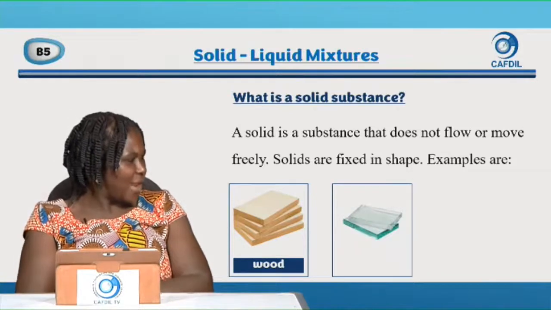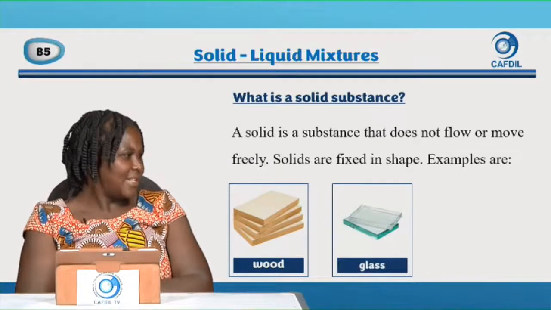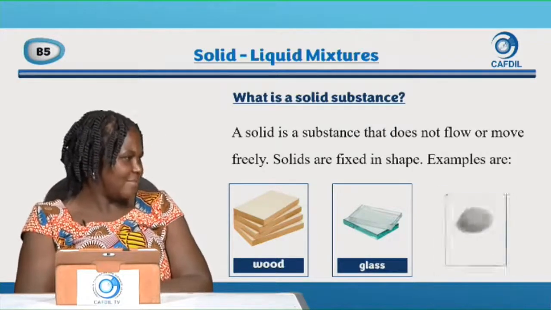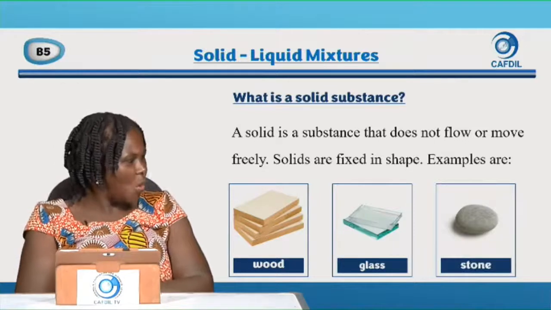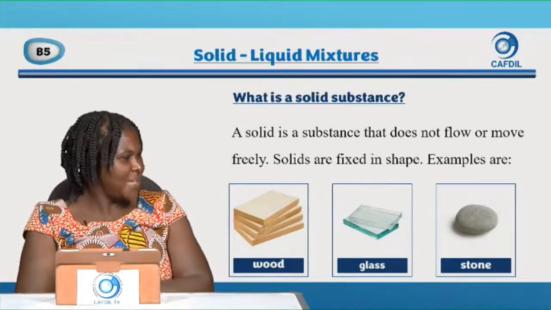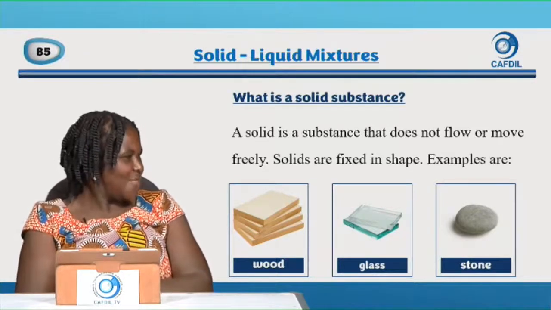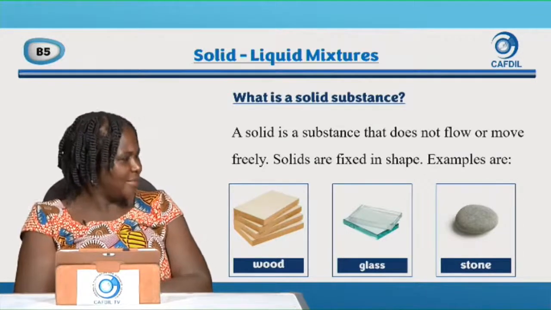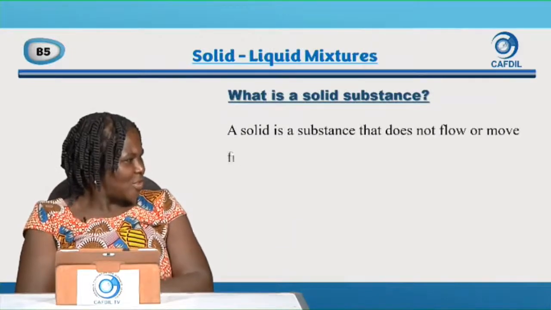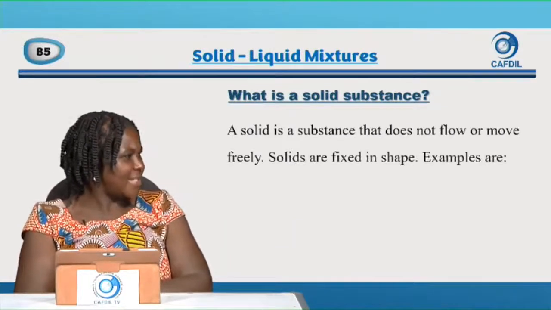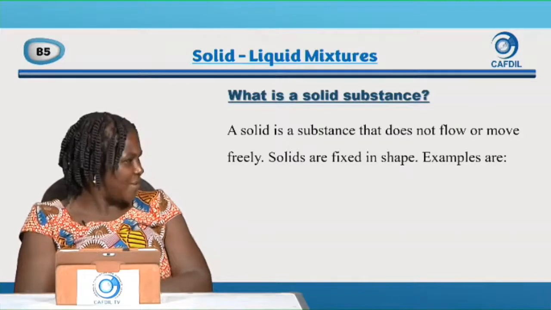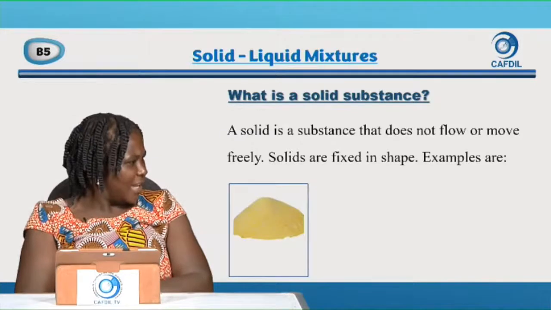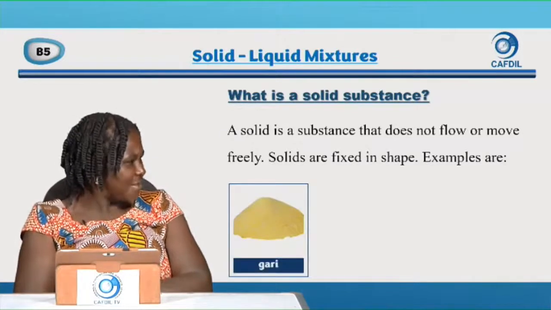Glass is a solid. We have stone. So a stone is a solid. We have wood, glass, stone. So a solid is a substance that does not flow or move freely. Another example is gari.